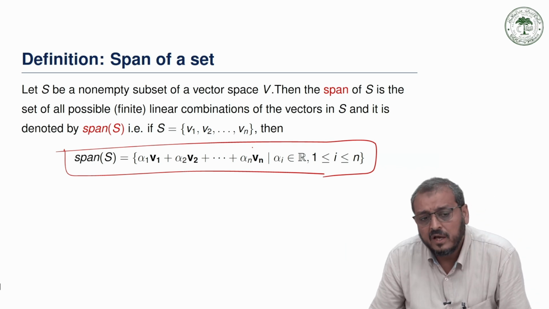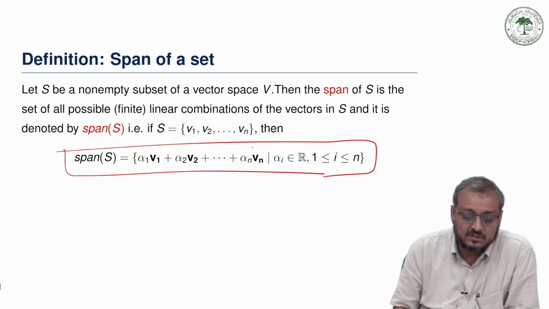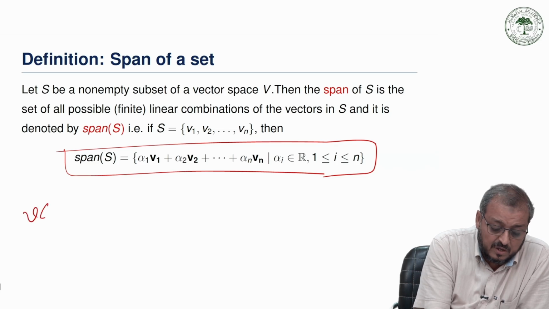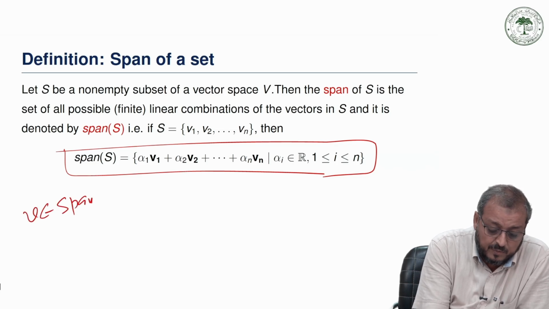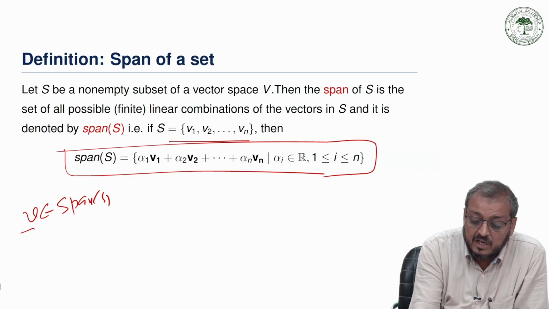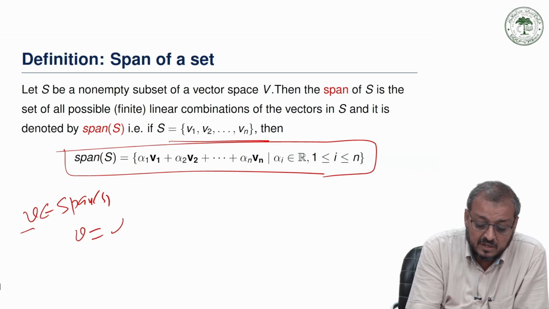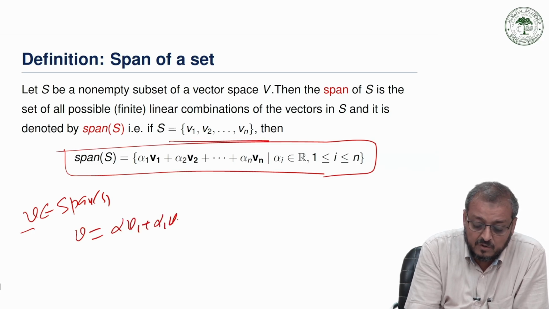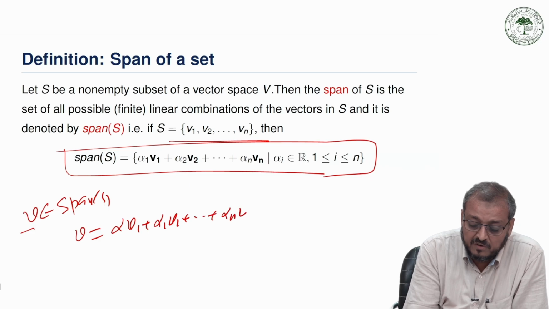If any vector V belongs to the span of S, that means V can be written as a finite linear combination of the elements of S. This means V can be written as alpha 1 V1 plus alpha 2 V2 and so on, plus alpha n Vn.